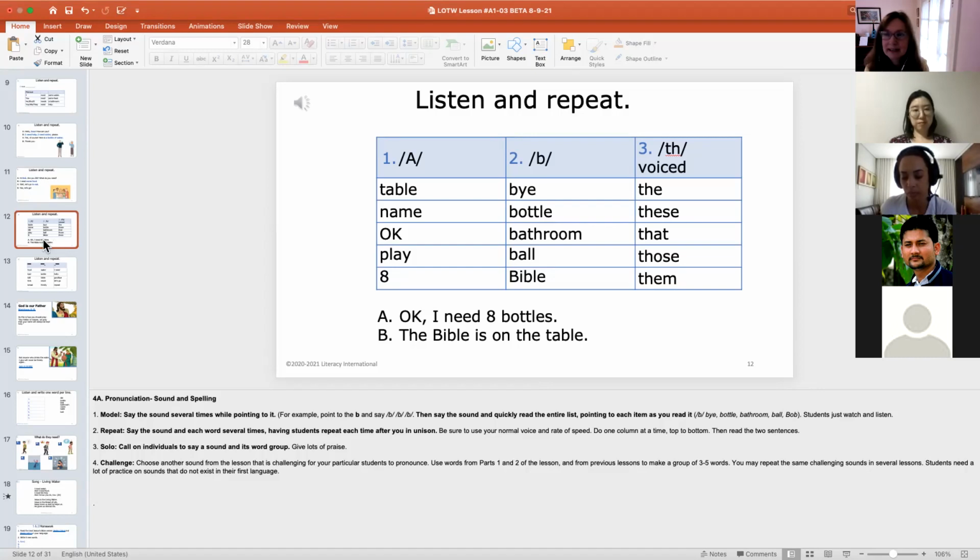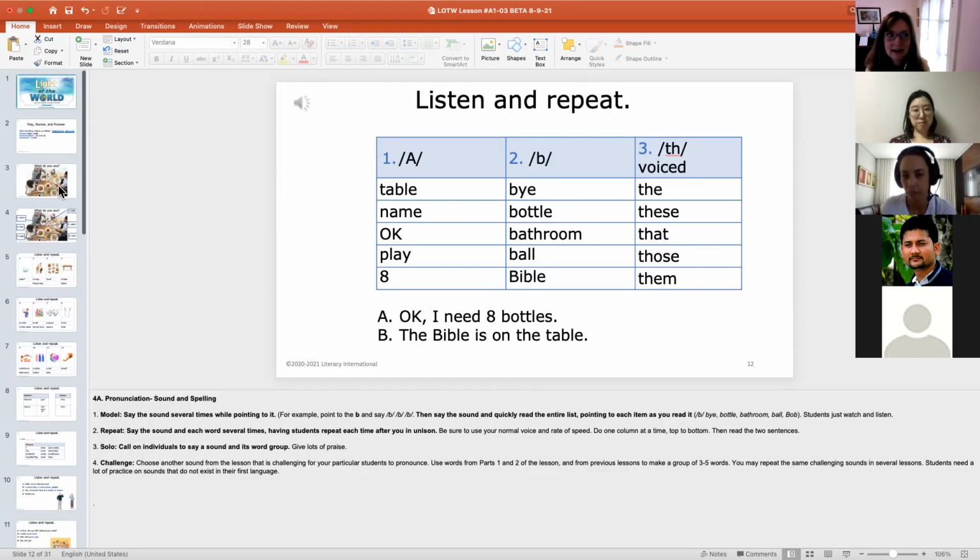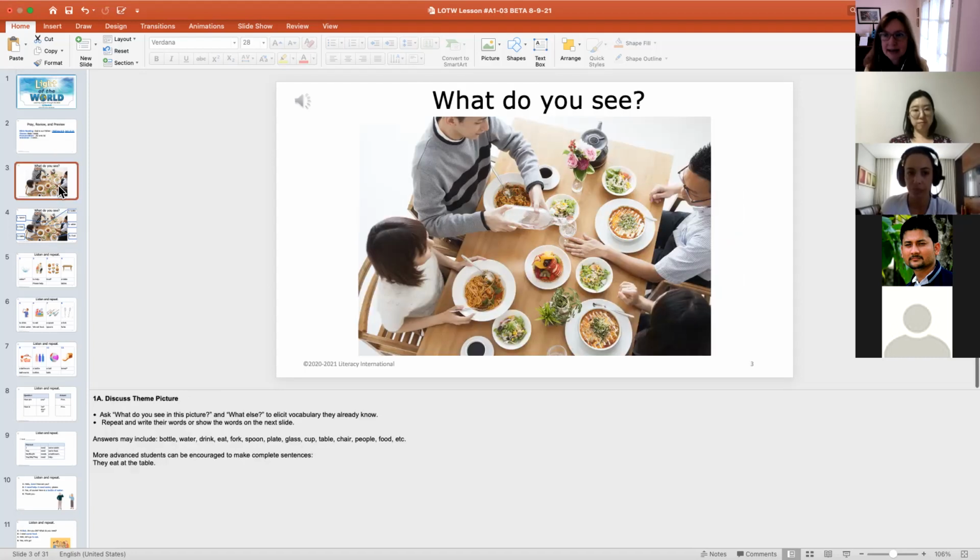But generally, even if you don't do research, you're going to pick it up just from the beginning of your lesson. As you're doing things like the theme picture, if they call it a pottle of water instead of a bottle of water, you're going to know that they have that problem.